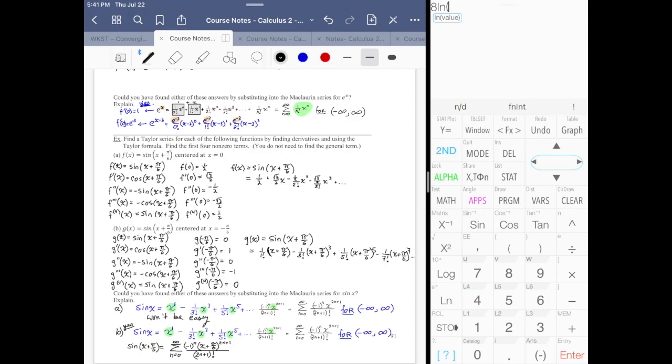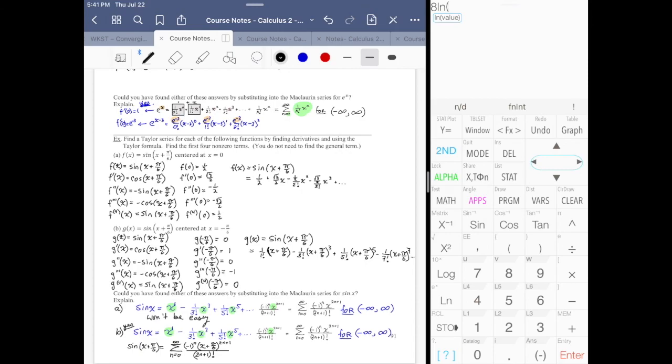All right, what's the difference? The difference is, in the case of A, yeah, it's centered around 0, but 0 is not convenient for the sine function. We want to be thinking about what value of x would get us to the array of derivatives that we would get for the Maclaurin series.